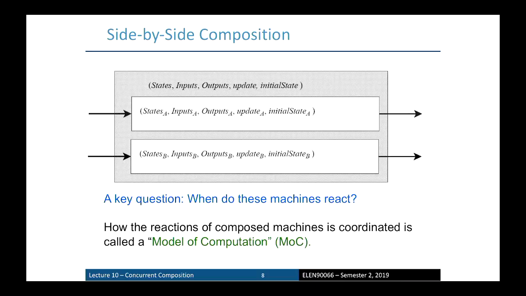Let's do side-by-side composition. So what we want to do is take those 2 machines in white. They're represented by those 5 tuples, the set of states, the set of inputs, the set of outputs, an update mapping function, and some initial state that you start off in. Okay?